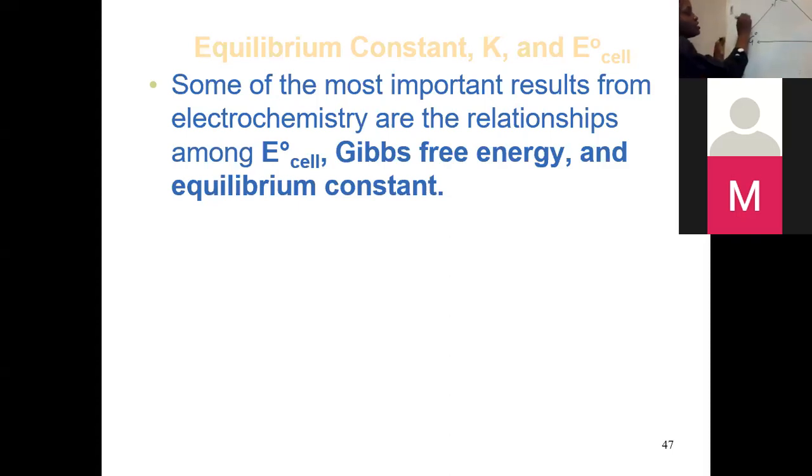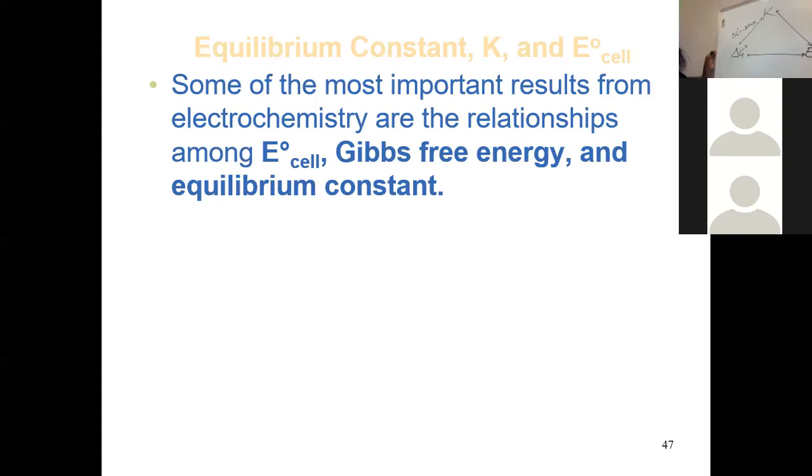You know the relationship between your delta G naught and your K: delta G naught is equal to minus RT ln K.